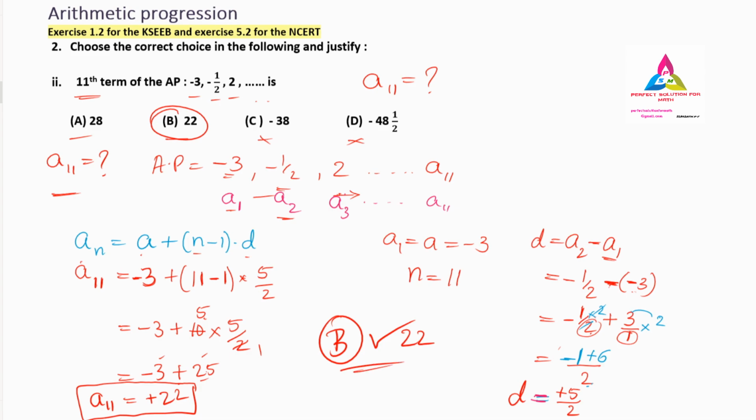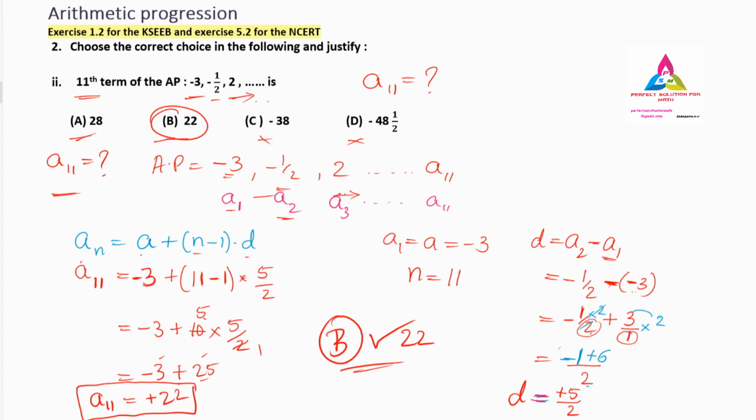Like this, we can find the nth term, any term which they have given, and we can choose the correct answer. But before solving the problem, we have to understand, as I have already told, it is moving from negative to positive, so it will be a positive value only.